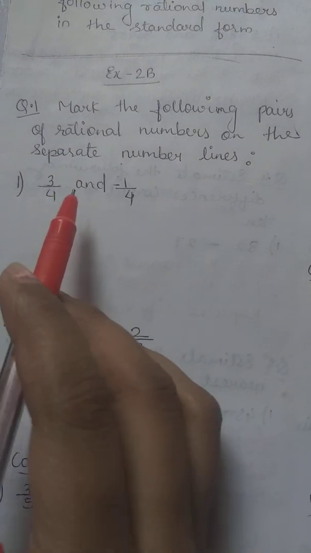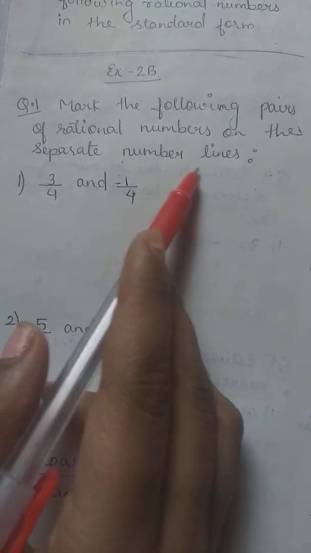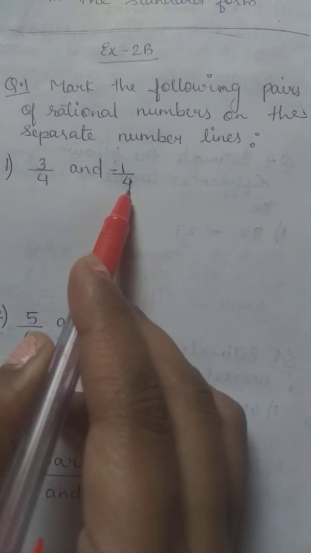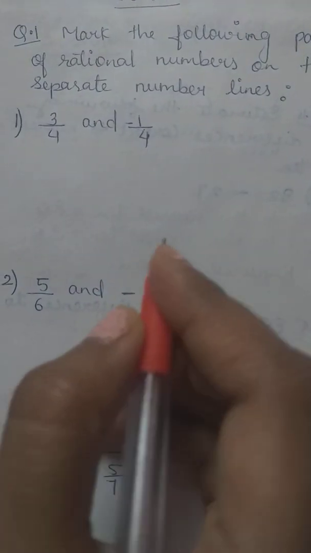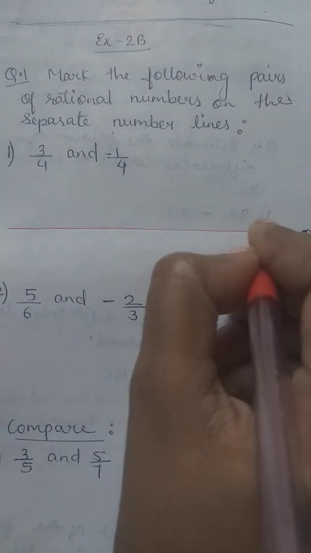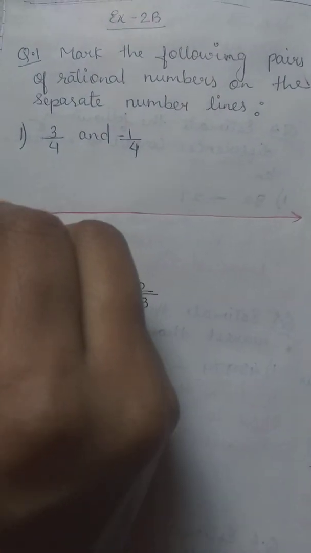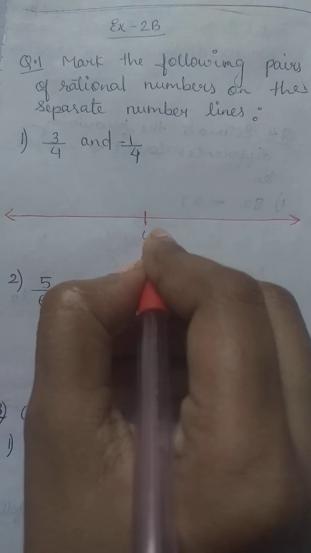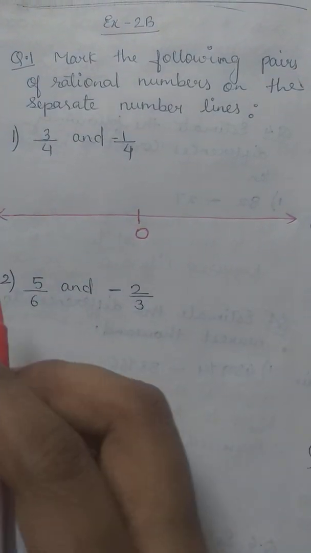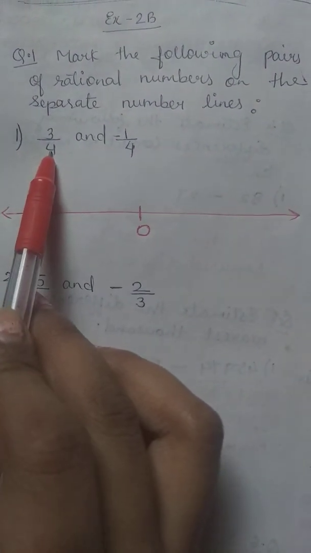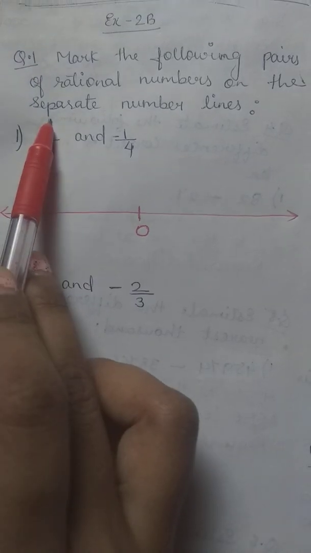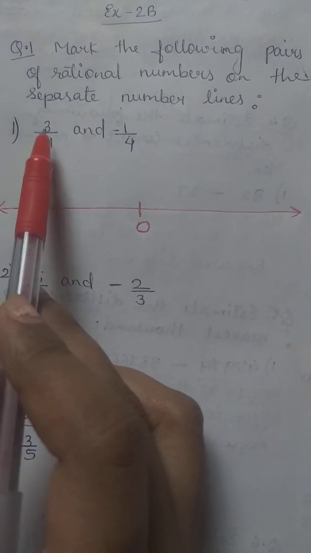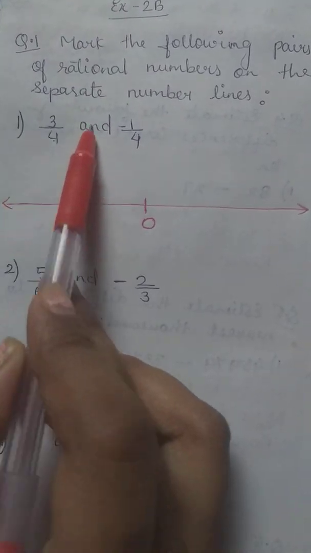Okay, so these are the rational numbers that we have to plot on a number line. I'll draw a number line with 0. When the denominator is greater than the numerator, the number should be less than 1.